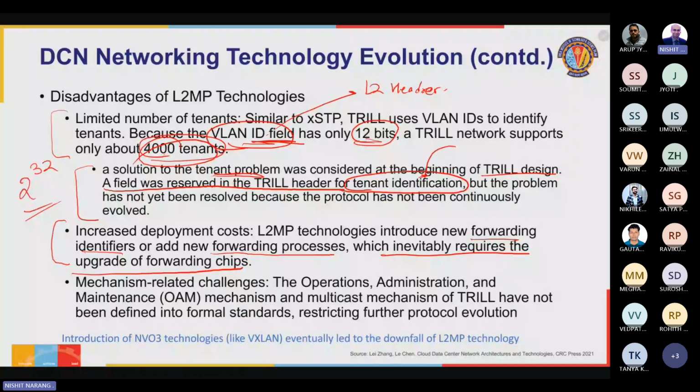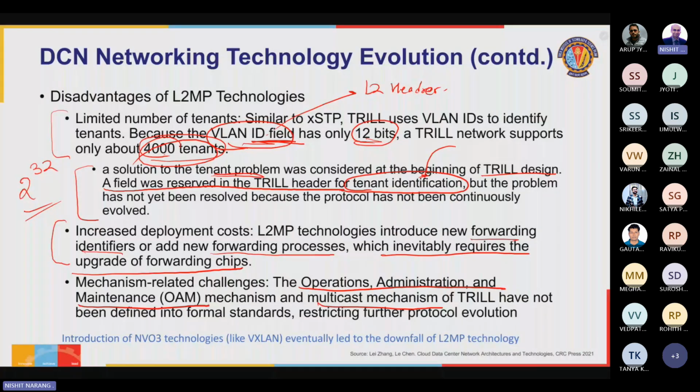But when you design a new protocol like Trill, all the paraphernalia that you need alongside it to handle operations, administration, maintenance, all those O&M parts, even multicast, if you have to do it in Trill, you need new protocols because Trill is not IP.